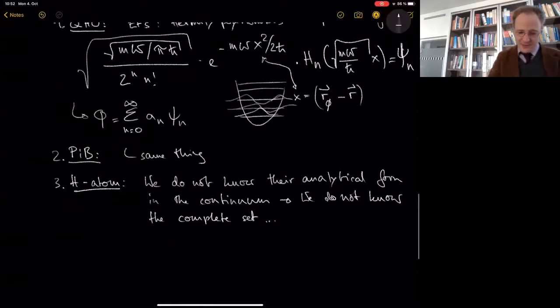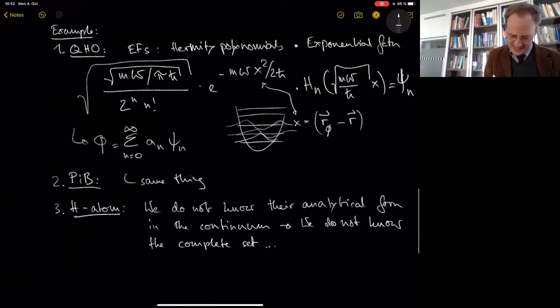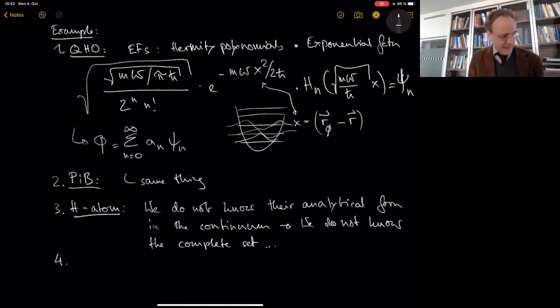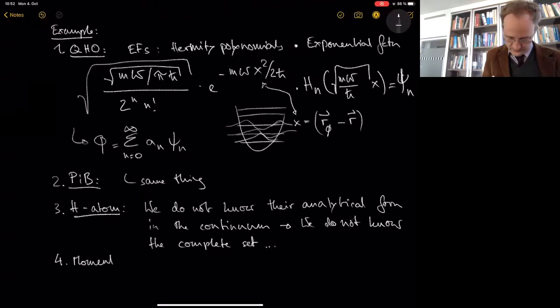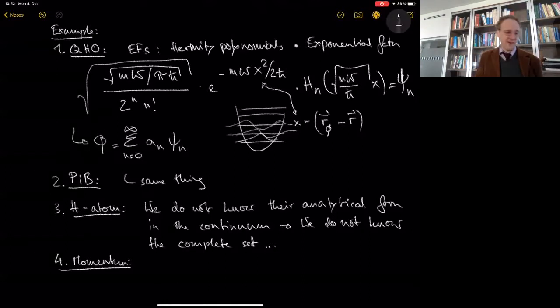Now, here is another really nice case. You should absolutely know about it. And that's the momentum operator. What about those eigenfunctions?